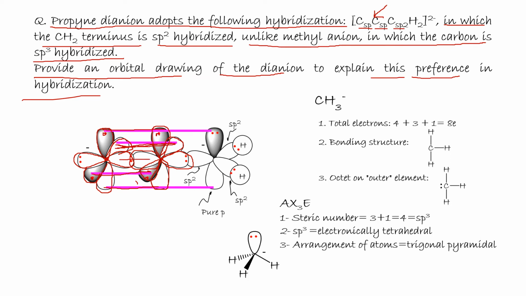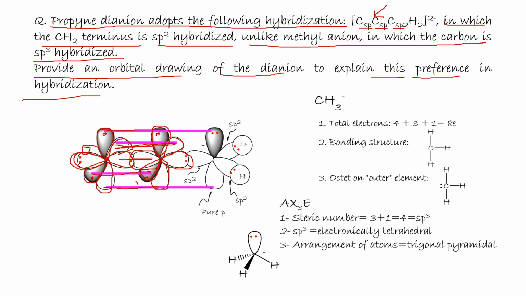We have sp with sp from carbon. This is again a sigma bond. This lone pair is in an sp hybridized orbital, and this carbon has a negative charge.